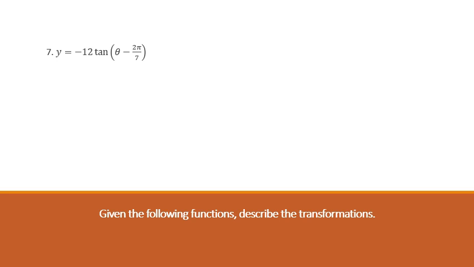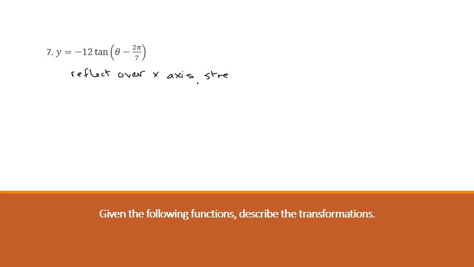All right, so now let's go the opposite way. Here's the function, and we need to describe the transformations. I see a negative out front. That's going to mean reflect. And then we have a 12 here. That's going to be the stretch. Oh, I can't spell. Sorry, guys.